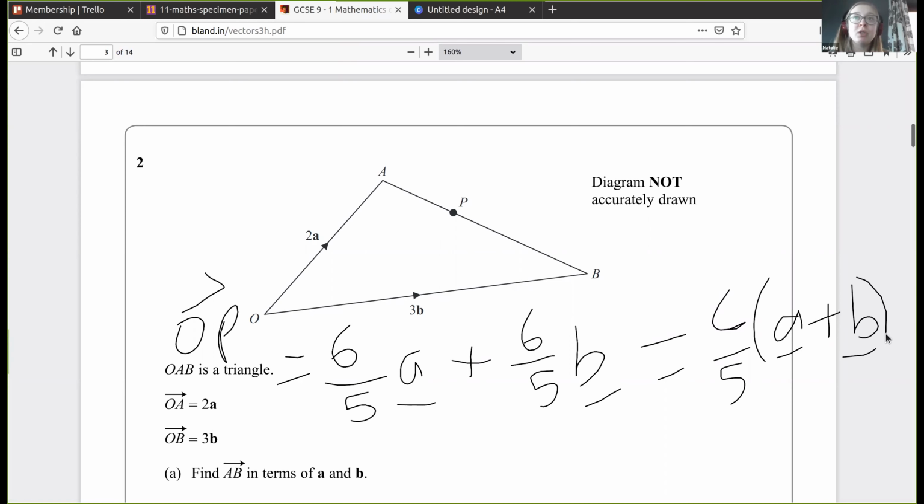It's in the same direction. It just has a different size, a different magnitude, which means we have proved that the vector OP is parallel to the vector A plus B.